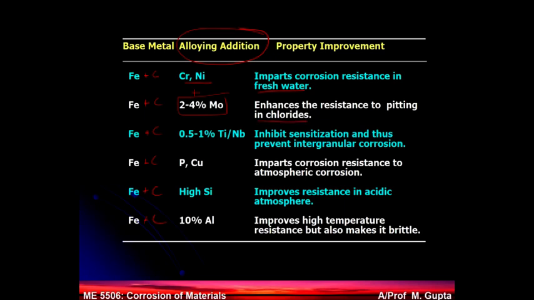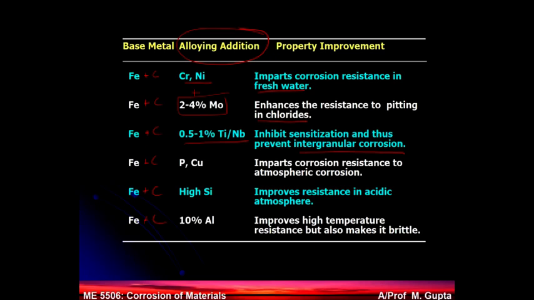So marine condition means you have chlorides. If you have a structure that needs to be welded and you want to minimize the intergranular corrosion, then you can use titanium and niobium as an alloying addition, and you have a steel which is very good for minimizing intergranular corrosion.